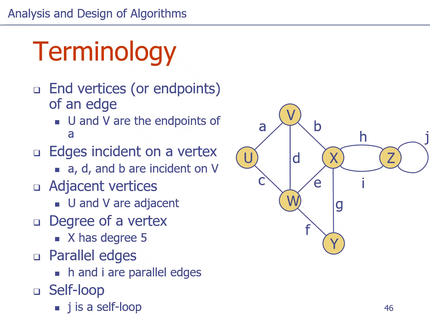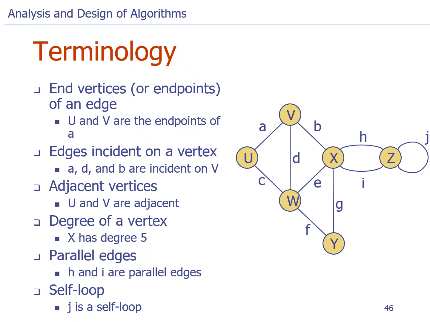When we talk about edges incident on a vertex, for example A, D, and B over here are all incident on V, while E and F are incident on W, and so on. We talk about adjacent vertices, meaning that two vertices are connected by an edge, like for example X and Z. We talk about the degree of a vertex, which is how many edges are going to the specific vertex we are referring to.